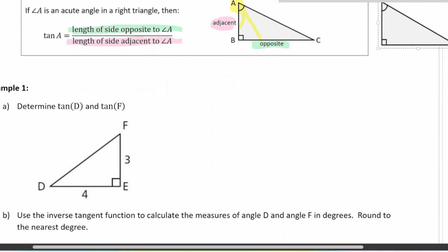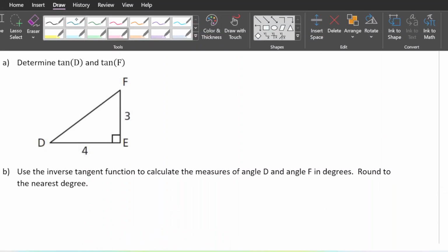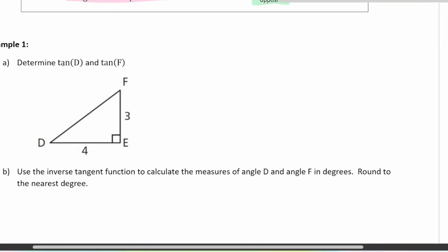Okay, so let's first practice how we set up our ratio. So this question says, determine what tan of D is and tan of F. So we'll start with tan of D. So for tan of D, the formula is we want the opposite side to angle D, and we want adjacent to angle D. Okay, so the opposite side, I used green before, so I'll use green again.